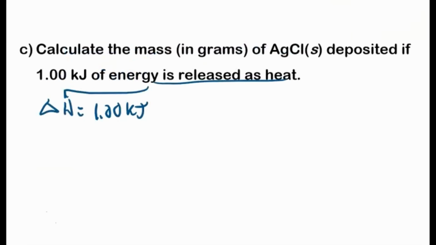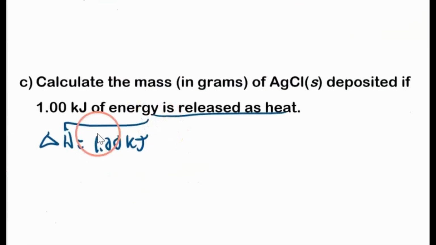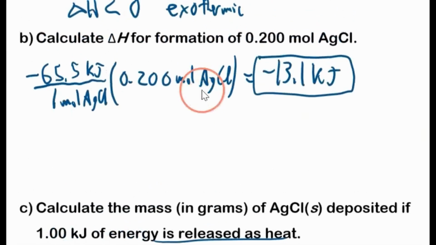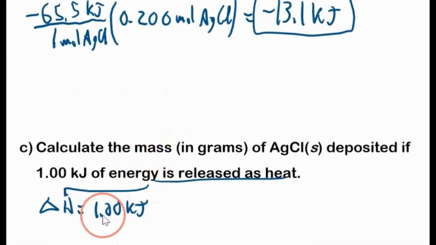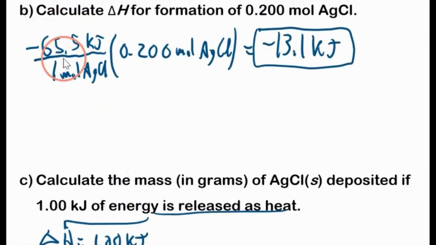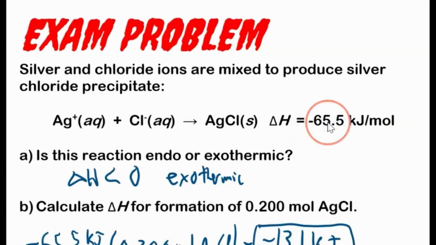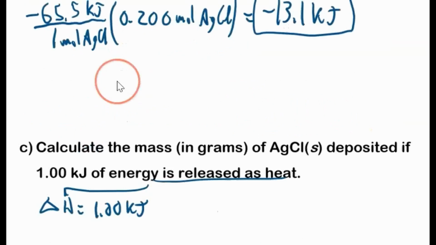So we need to convert things around. We want to know how much heat per gram there is. We don't have heat per gram, but we do have heat per mole, which is the conversion based on what we're given, the change in enthalpy, negative 65.5 kilojoules per mole.